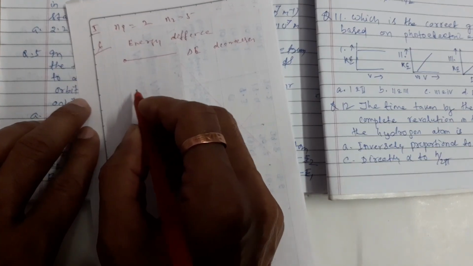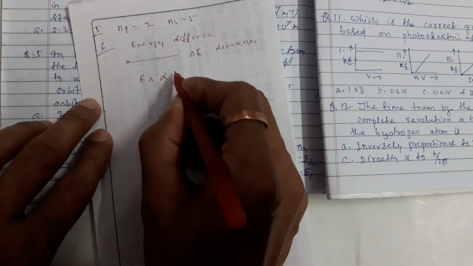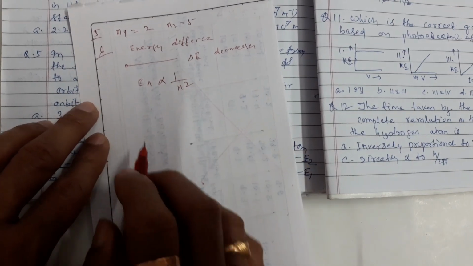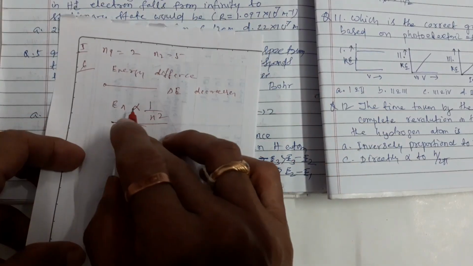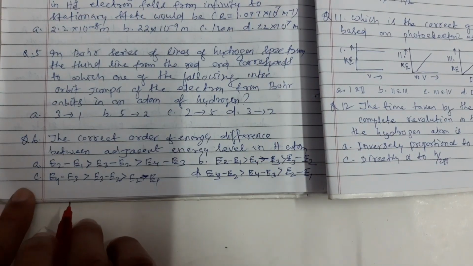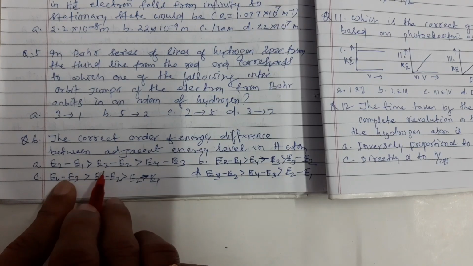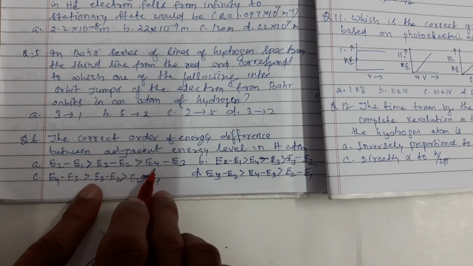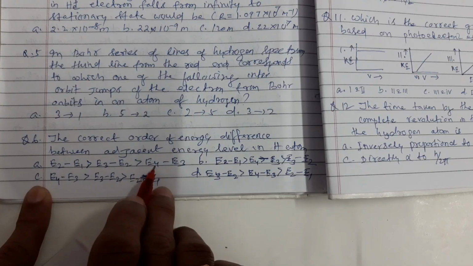Because the energy level En is proportional to 1 by n square. So by considering this, the correct choice is E2 minus E1, then E3 minus E2, then E4 minus E3. So it is the correct answer.